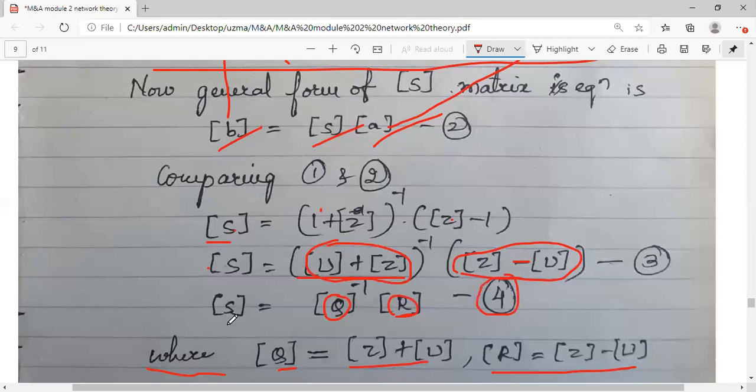Look at equation 4, S is equal to Q inverse into R. This we are going to utilize at the end. It is important to note equation 4: S is equal to Q inverse into R.